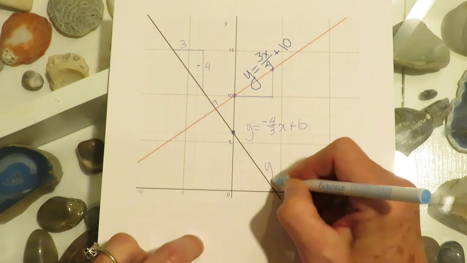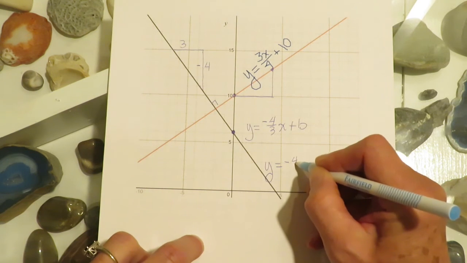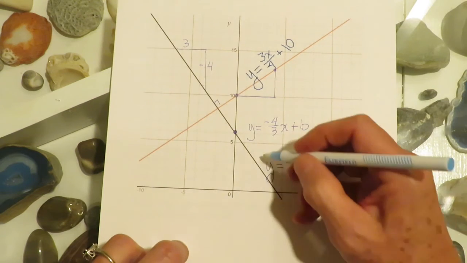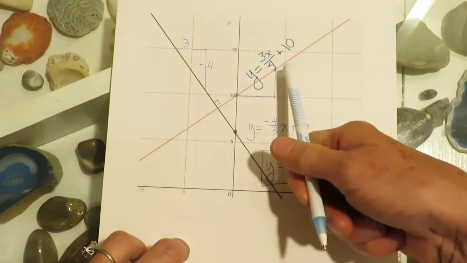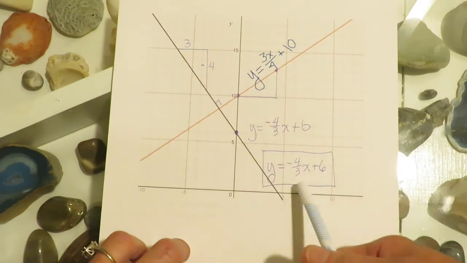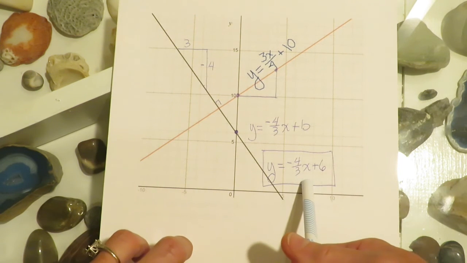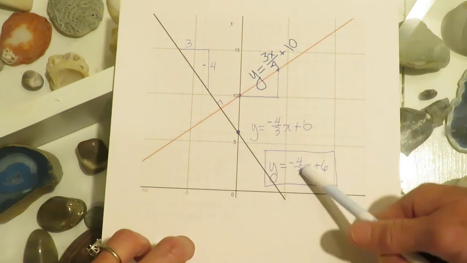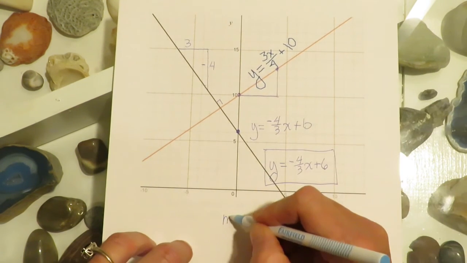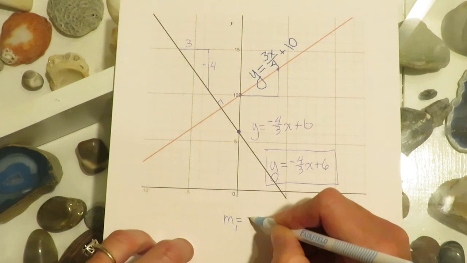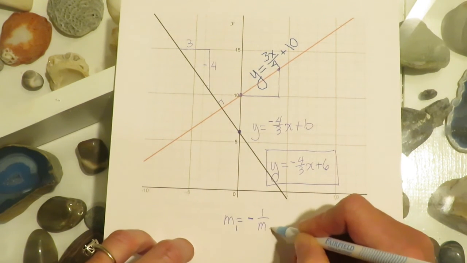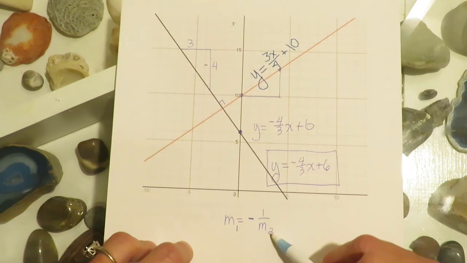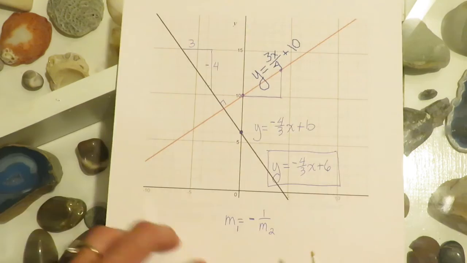So I would finish off the equation: y equals negative 4/3 x plus 6 is the line that is perpendicular to this line. Now this is perpendicular to any line whose slope is 3/4. In order for lines to be perpendicular, their slopes have to be opposite and reciprocals. So the slope of one line is equal to -1 times the reciprocal of the other one.